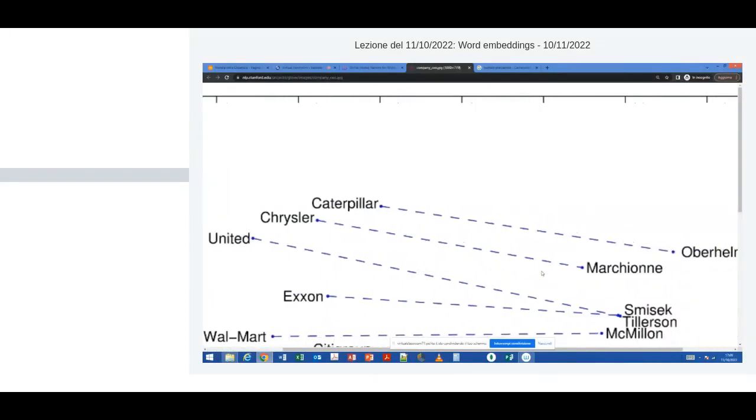They apply dimensionality reduction in order to plot these results in a 2D space. But the idea was to find associations between words, like Chrysler, Fiat Chrysler, which was one of the former companies now belonging to the Stellantis corporate, and Marchionne, which was the former CEO of FCA. So these are associations between companies and persons, which have been automatically detected. This is a typical example of extrinsic evaluation.